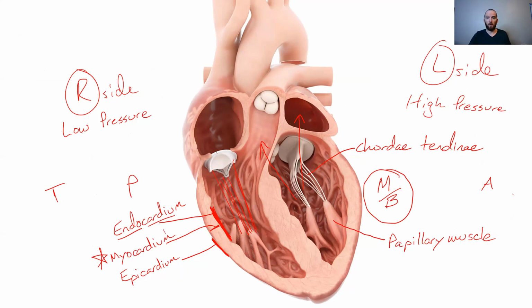It's generally the layer where more of the blood vessels are, perfusing that tissue. So that middle layer is the big muscular layer. The other layers are membrane protective layers. That middle layer is what's doing the work. That's why we talk about somebody having a heart attack, an MI, a myocardial infarction.